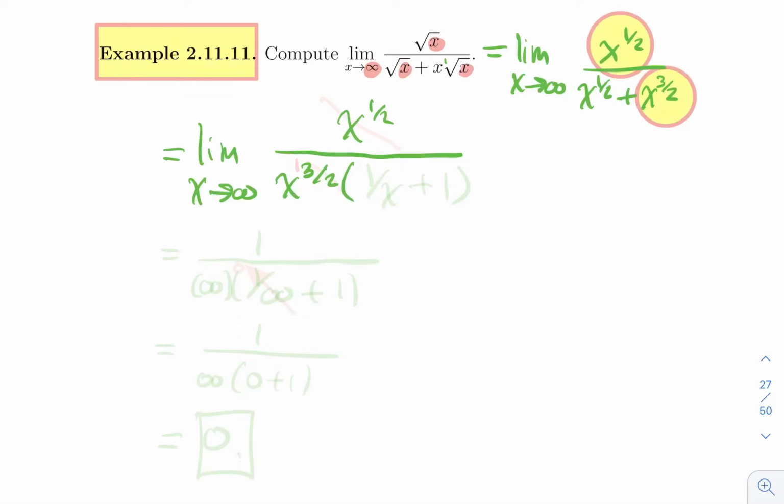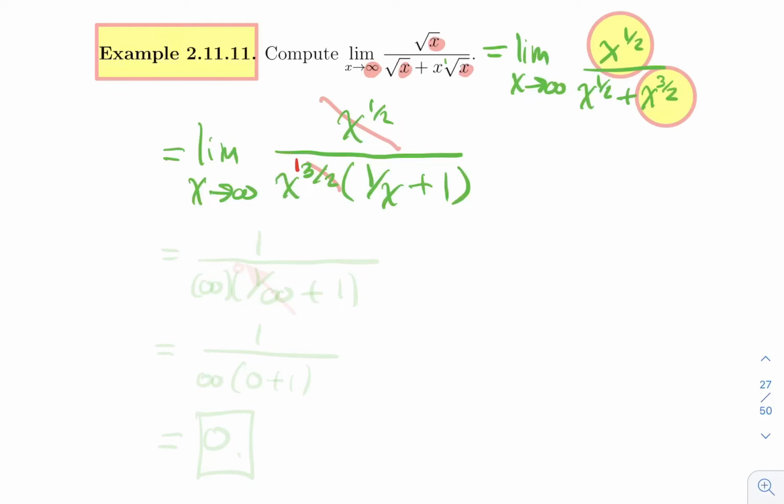If you factor x to the 3/2 out of x to the power 1/2, you're going to get x to the power 1/2 minus 3/2, which is x to the -1, or 1 over x, plus 1. Now, of course, these things simplify perfectly. The x to the 1/2 will cancel the x to the 3/2, and the new power will simply be 1.